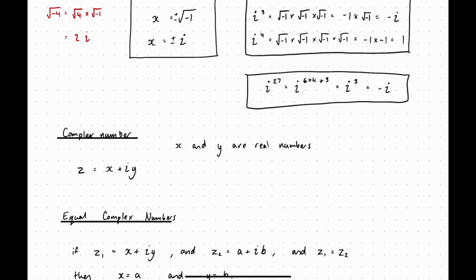So yes, we can say the real number x is called the real part of z, which can be written as Re z, Re meaning real part, z being the complex number.